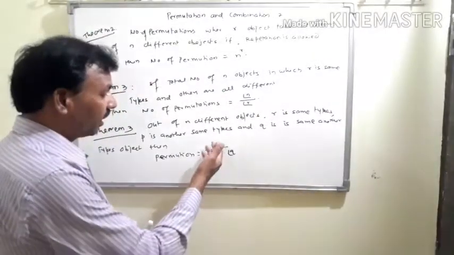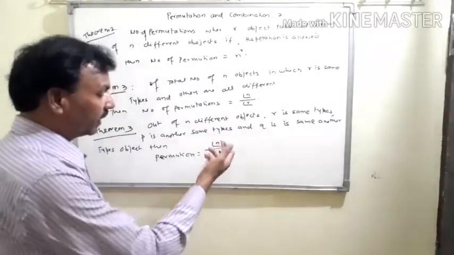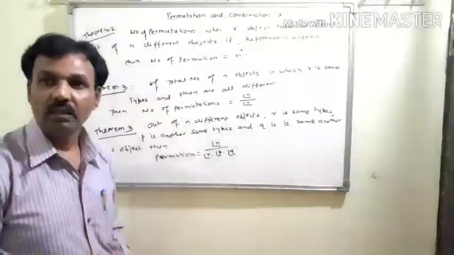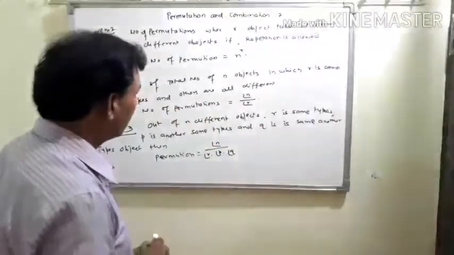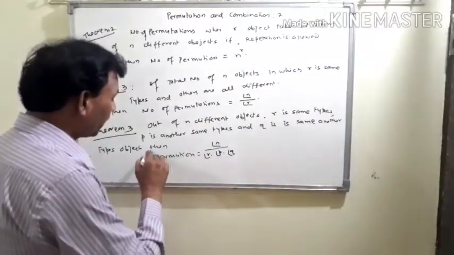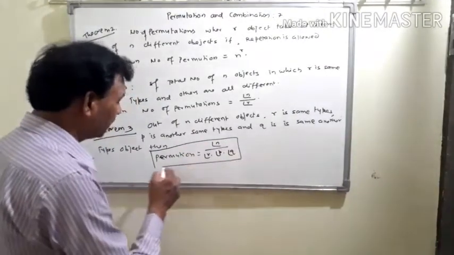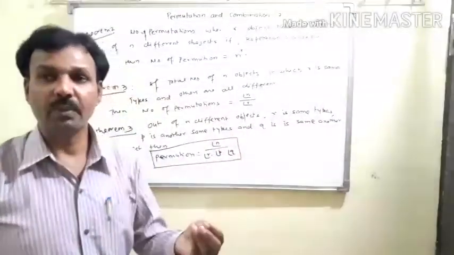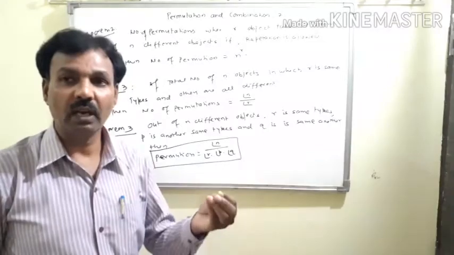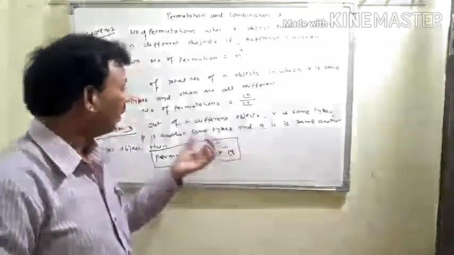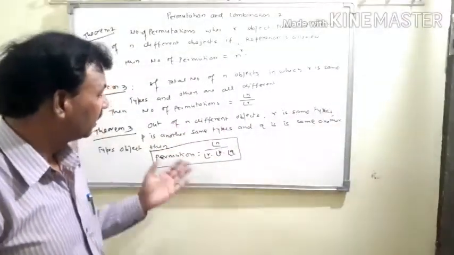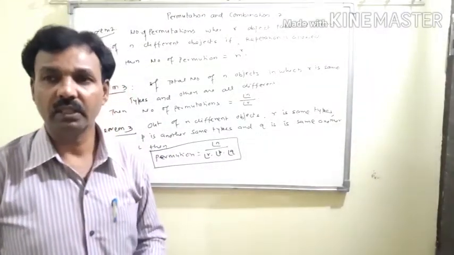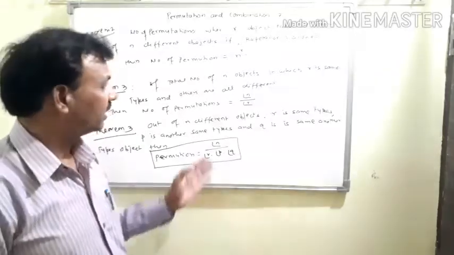That means factorial n upon factorial r into factorial p into factorial q into factorial s into factorial t, and so on. This is the formula for finding the permutation when different groups of same-type objects are given out of n objects. Now, in the next video we will take numerical problems related to this topic.